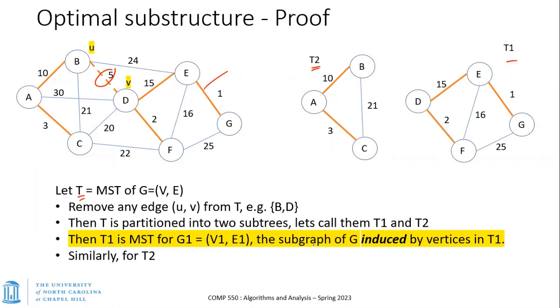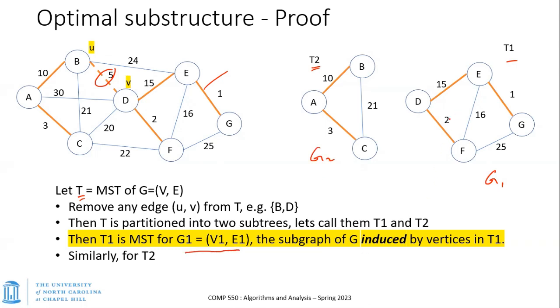Then we're going to use the concept that we talked about earlier of inducing a graph. T1 and T2 comprise vertices and edges. So we're going to use the set of vertices that comprise, let's say, T1, and induce the graph that corresponds to those vertices. We call these G1 and G2.